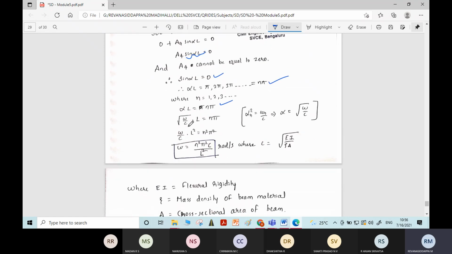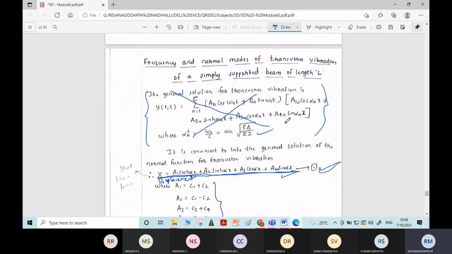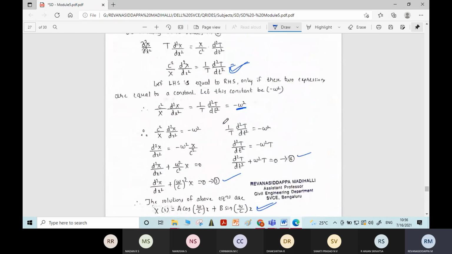The formula for α is given by the natural frequency divided by the constant c. Therefore α becomes the root of ω/c. This you need to remember. Squaring on both sides, finally you get ω, the natural frequency of the simply supported beam, equal to n² π² c divided by L², where c is the constant, the root of EI by ρA, used in the previous expression.